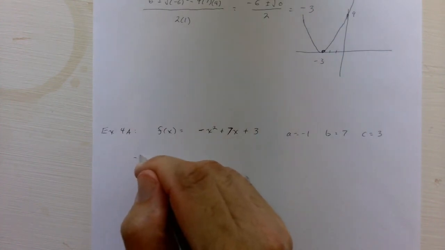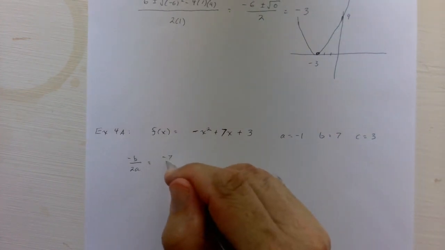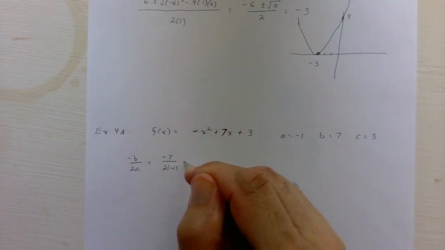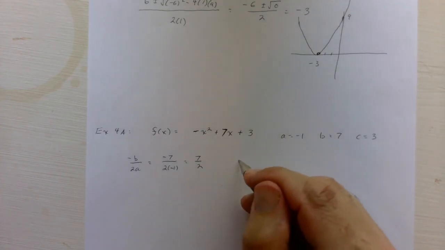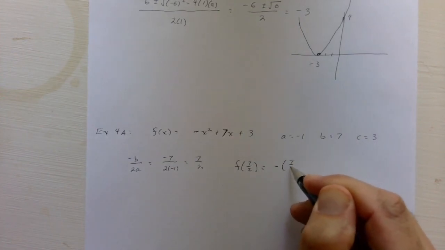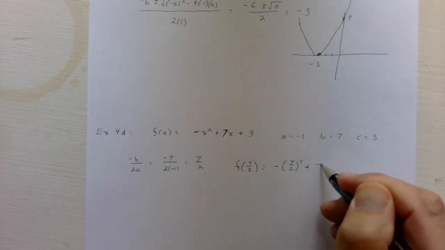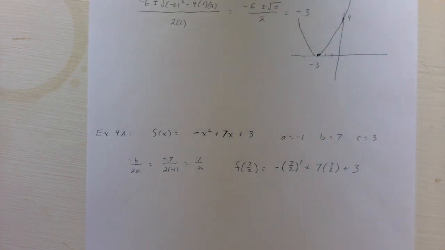So minus b over 2a is going to be minus 7 over 2 times negative 1. That's going to be 7 halves. Plug in 7 halves. Be careful with the signs. Now notice we're squaring 7 halves. We are not squaring the minus sign.